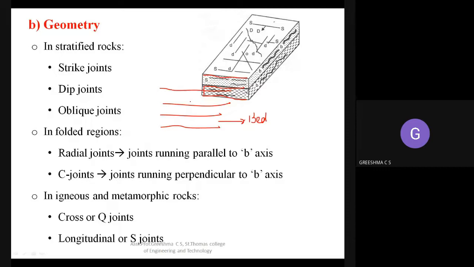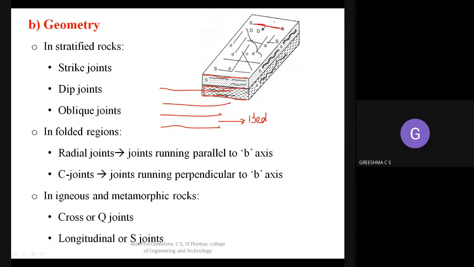Now in the stratified rock you can see strike joint, dip joint, and oblique joint. What do you mean by strike joint? What do you mean by dip joint? What do you mean by oblique joint? Can you tell me what is a strike joint? You can see from this picture, this is a strike joint, which is occurring along this line of intersection, like this.